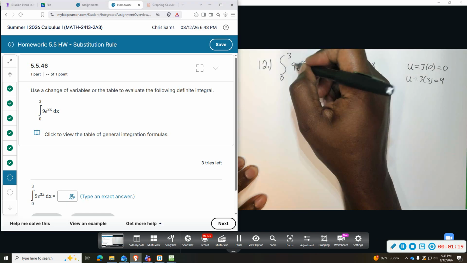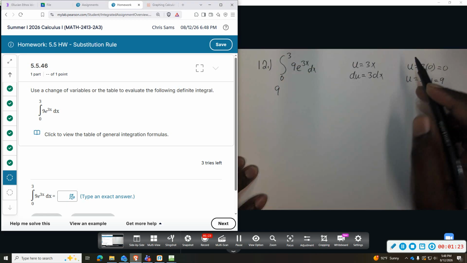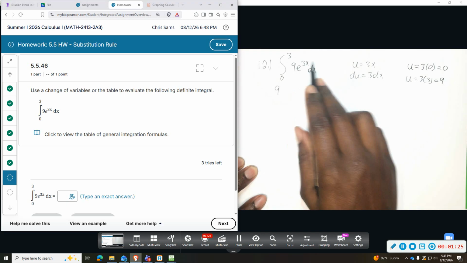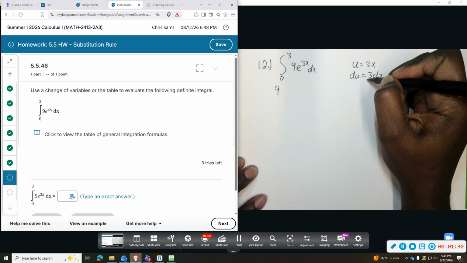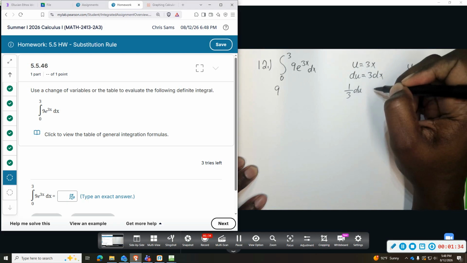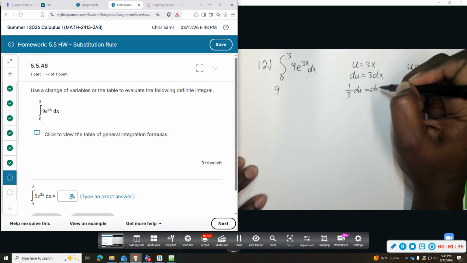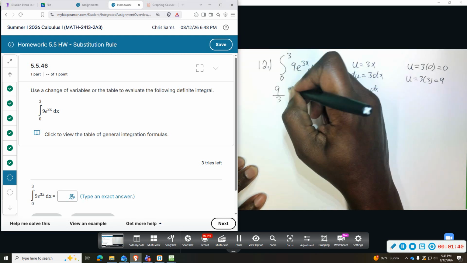So putting this together, I'm going to pull the 9 out. Because of the multiple of 3 that I don't have, I can divide by 3. And therefore, I will get this 3 over here.